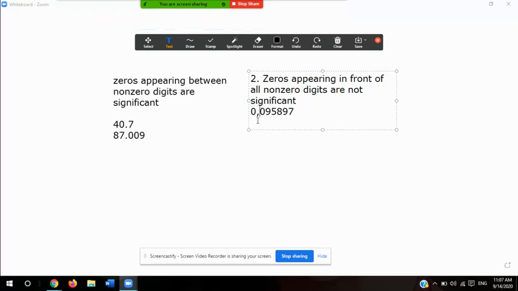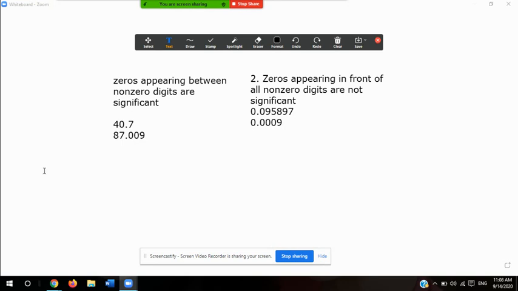In some countries that's accepted, but not in ours. Anyway, all the zeros to the left of a measurement are not significant. Likewise, if we have 0.0009, all the zeros in front of that are not significant. So that means that there's only one significant figure here.